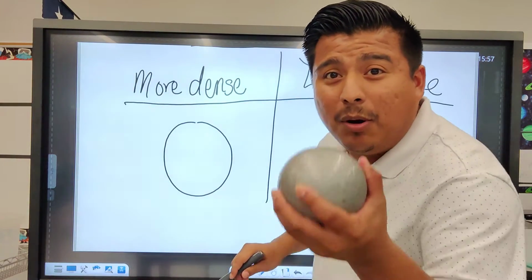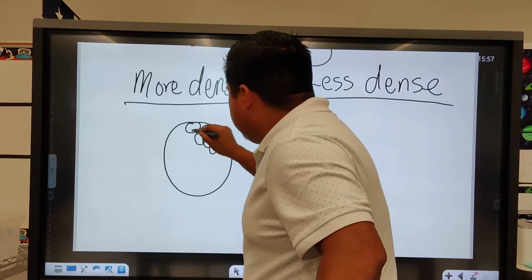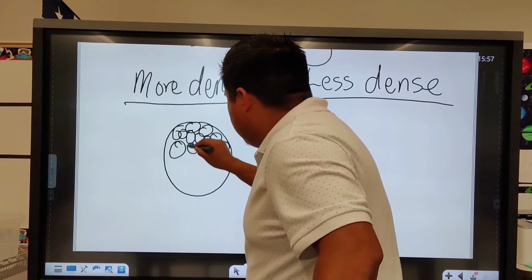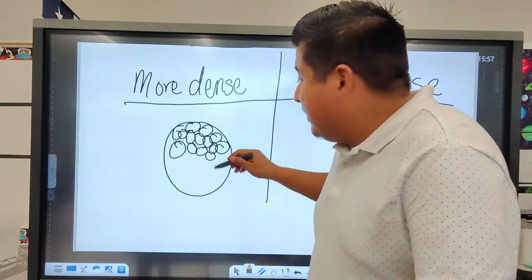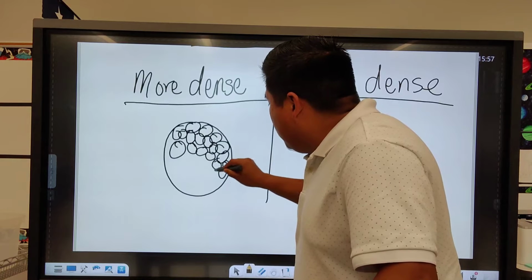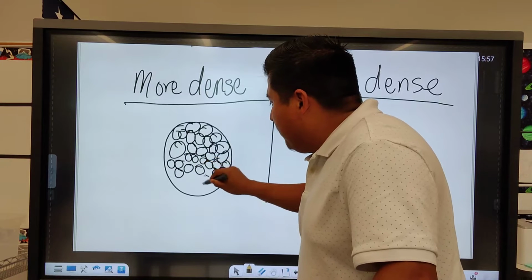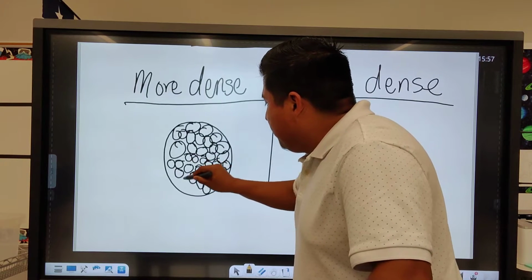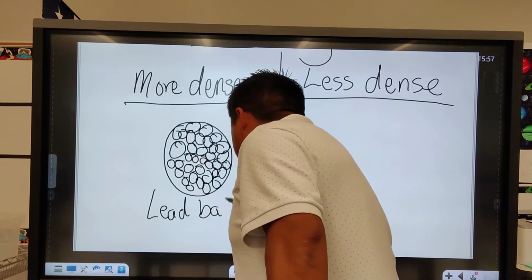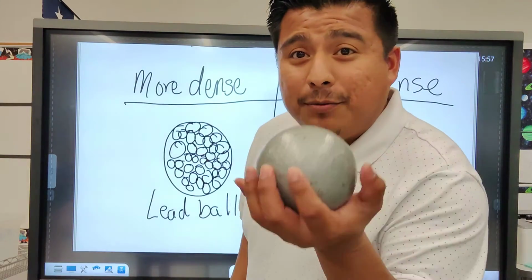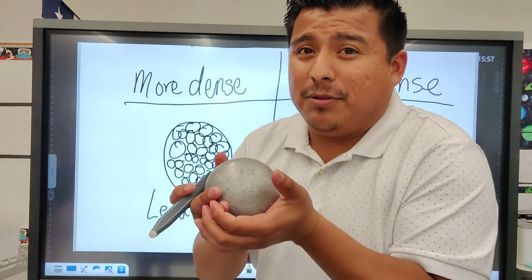The molecules inside the ball are very packed together, and because they're very packed together, that means it has more mass. Each molecule has more mass than its counterpart, the styrofoam. This is the lead ball, and I can feel how much more mass this has. So if I was to put this in water, I would definitely know this will sink.